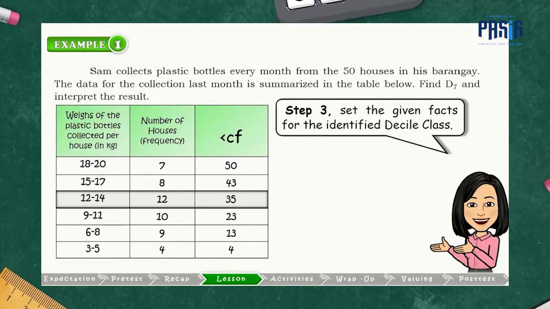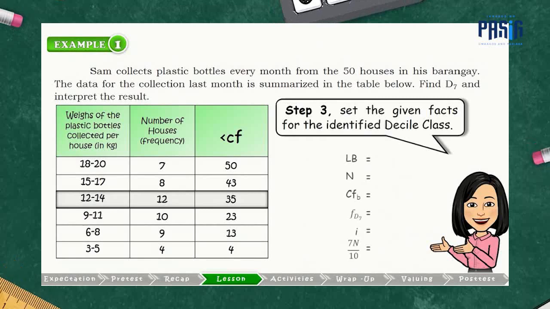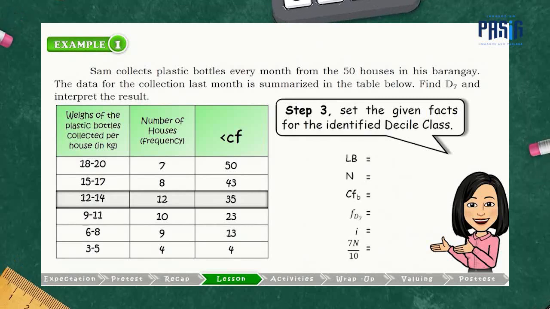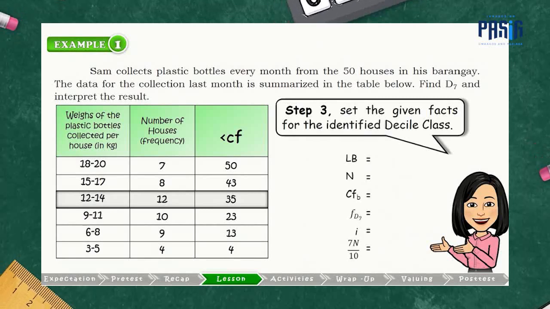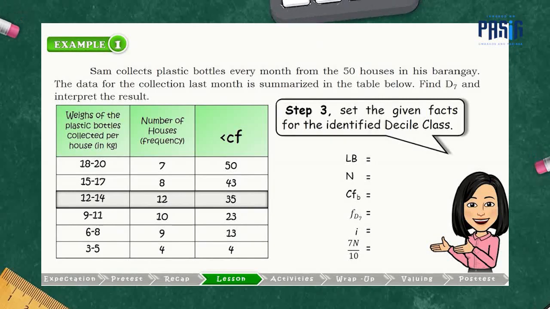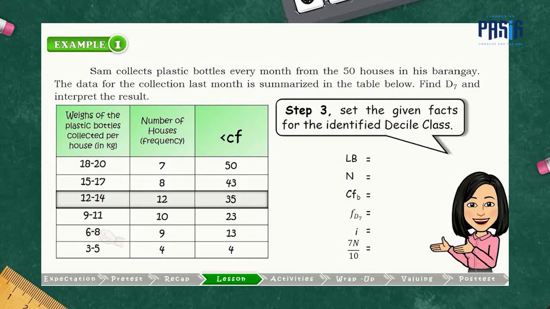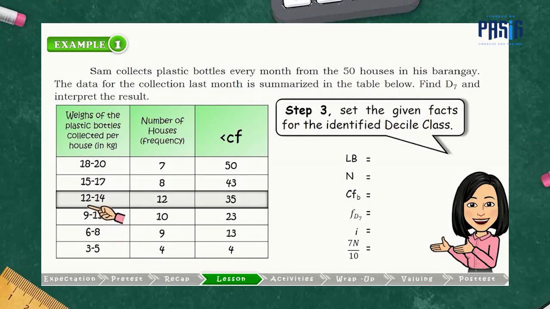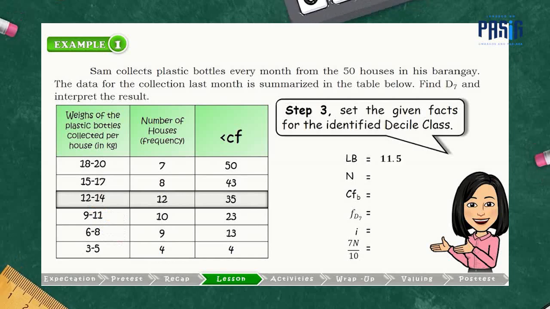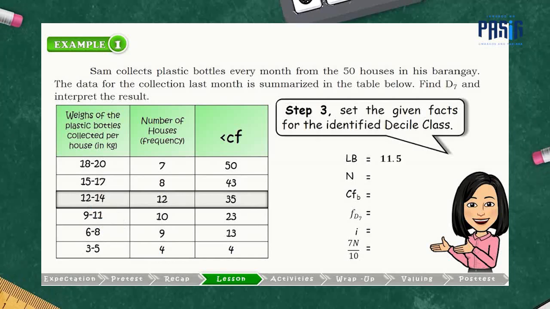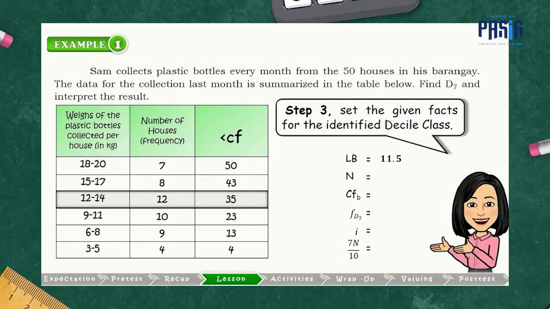Let us proceed to step 3. Set the given facts for the identified decile class. Let's determine the lower boundary or LB, wherein 0.5 will be subtracted from the lowest number in the interval. So 12 minus 0.5 is equal to 11.5. Next, n, or the total frequency, which is 50.